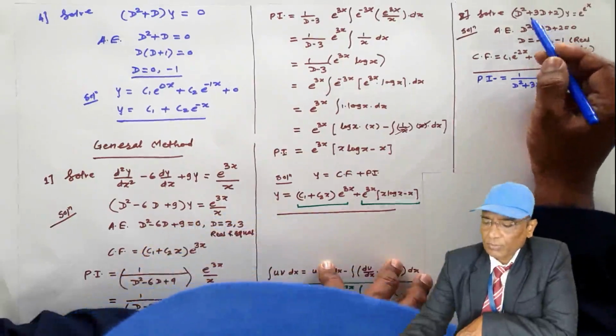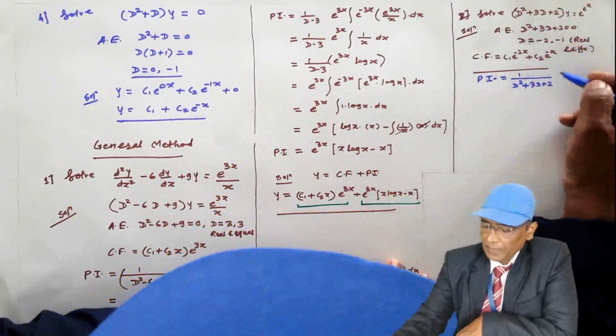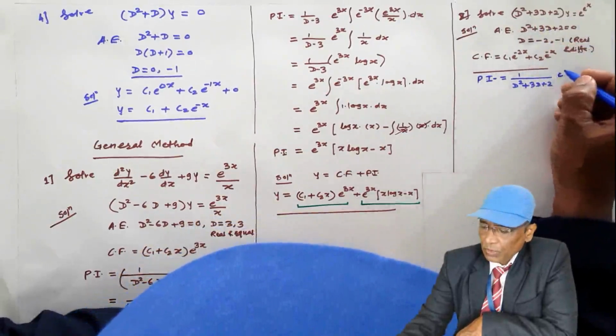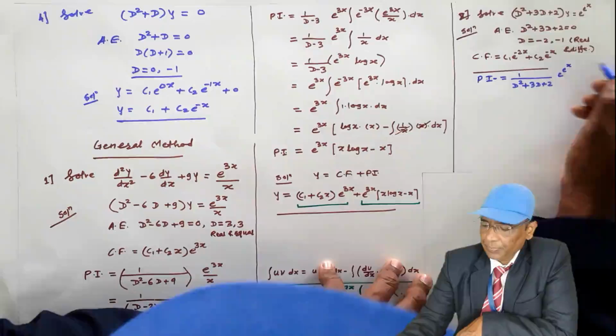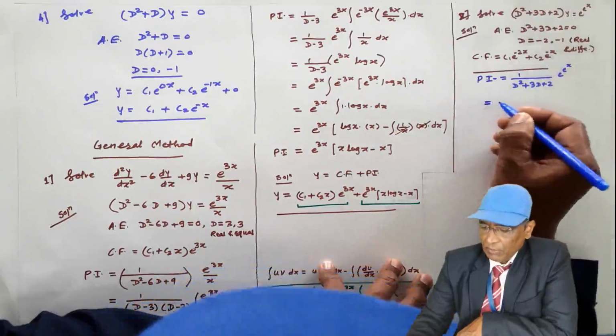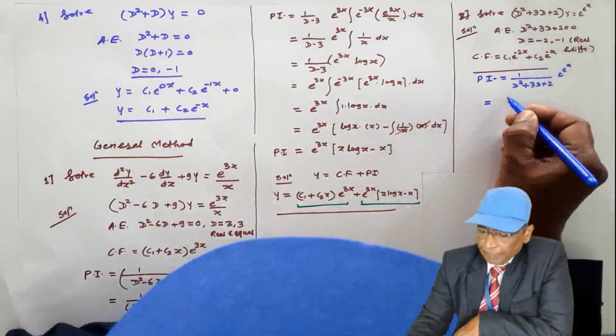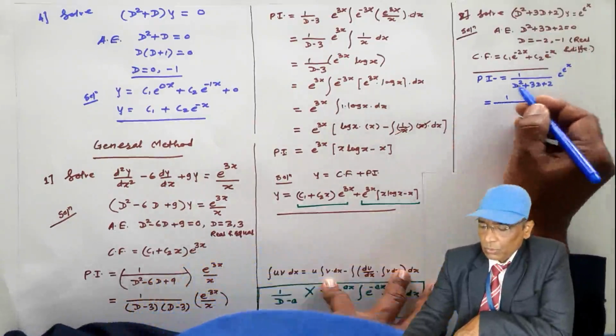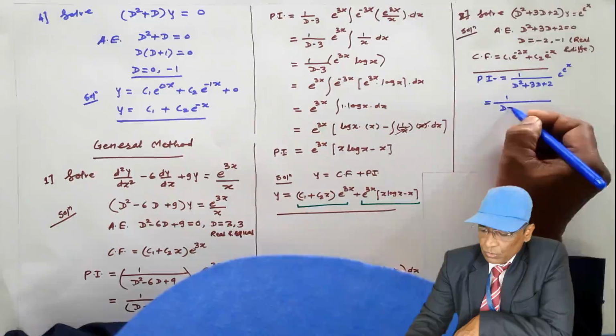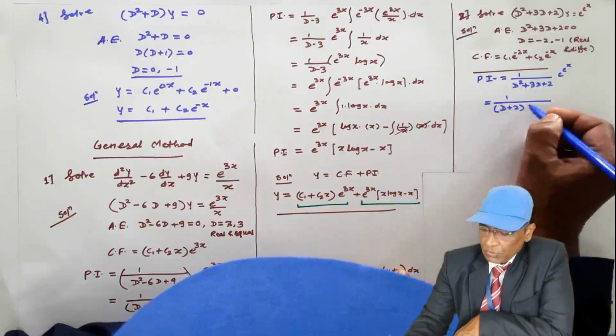No doubt if you shift it to the right hand side, it will be in the denominator, e to the power x. Now, as we have discussed earlier, to factorize this, D plus 2, D plus 1.